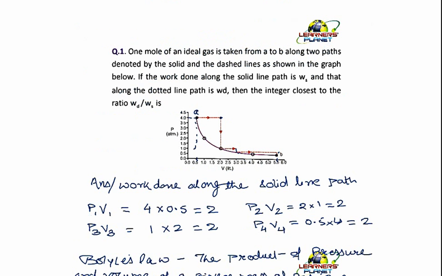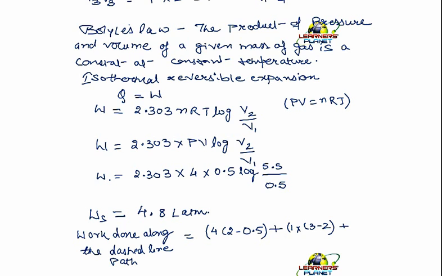Plus, what will be the case? The third one, that is P here. What is the pressure? 0.5. And what is the difference in the volume? 5.5 minus 3. Right?